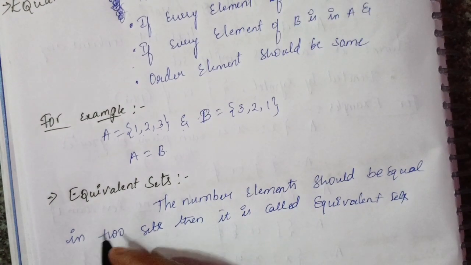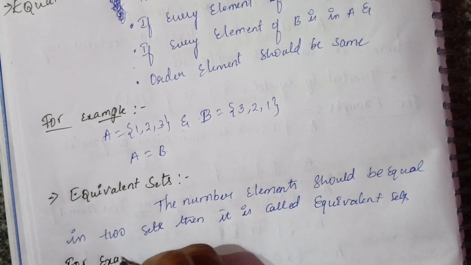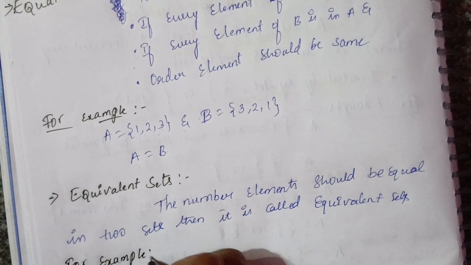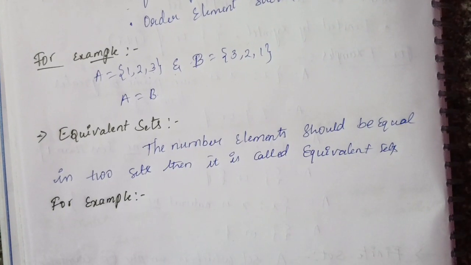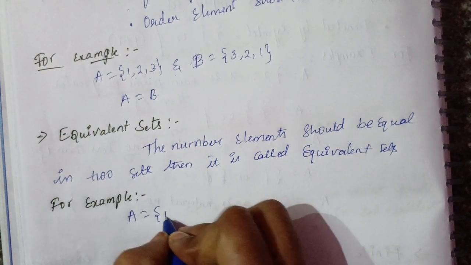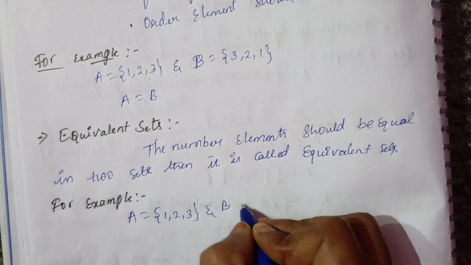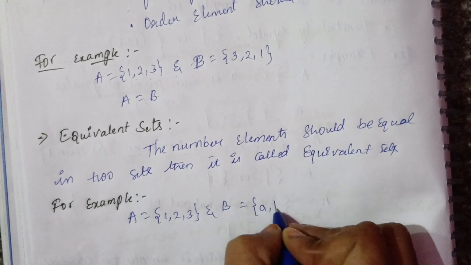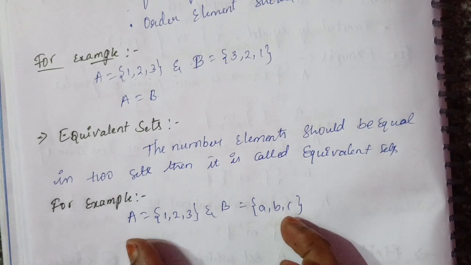Now for example, if you take set A as 1, 2, 3, and set B is equal to A, B, C, then we can say both are equivalent sets.